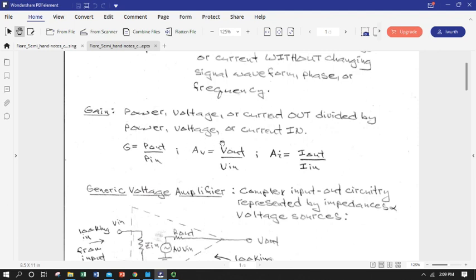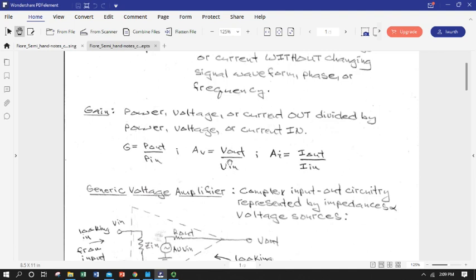We will be dealing mainly with voltage amplification for our BJT amplifiers, and that's defined as the voltage of the output signal. So this would be our V peak or our VRMS of our output divided by the same description of our voltage amplitude on the input. So we do not compare RMS to peak or vice versa.